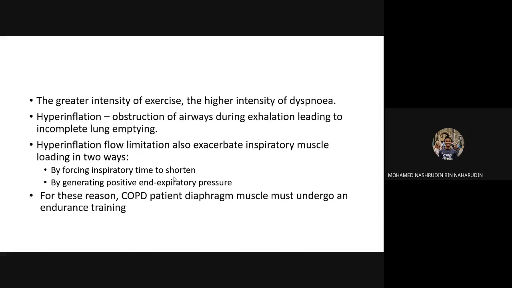So inspiration is initiated under a positive expiratory load. For this reason, COPD patients' diaphragm muscles must undergo endurance training, to make sure the respiratory muscles become more efficient in doing breathing activity.